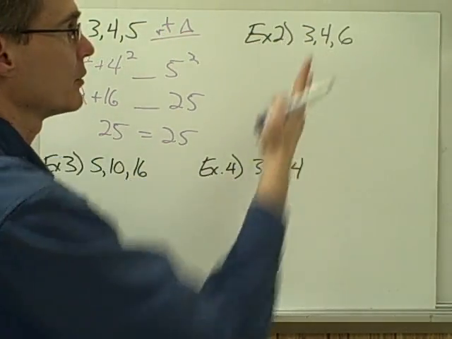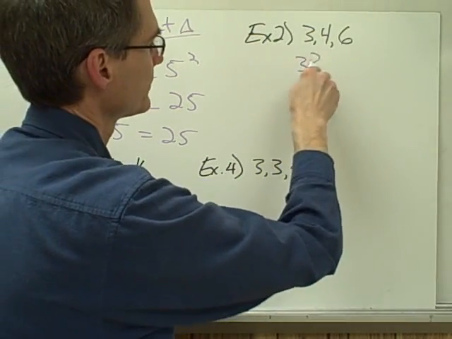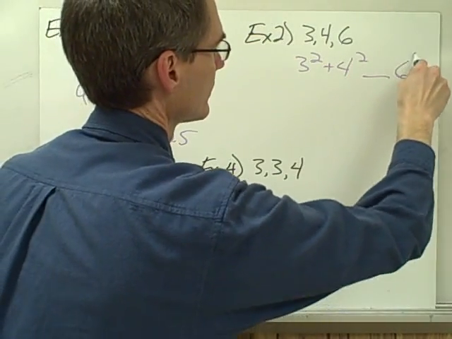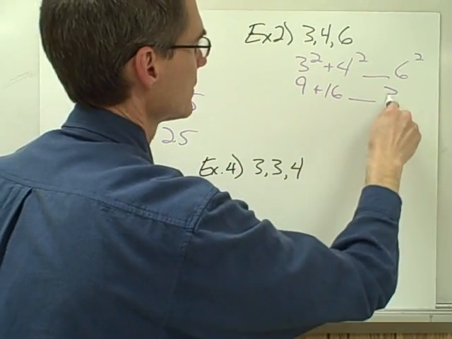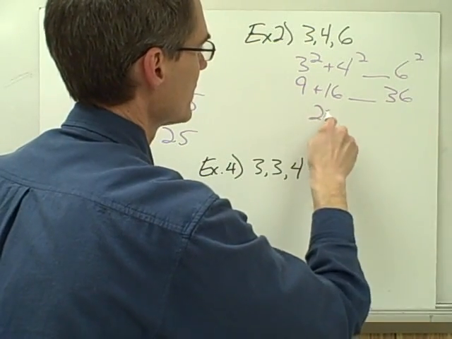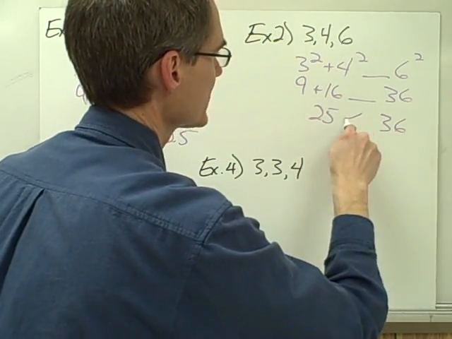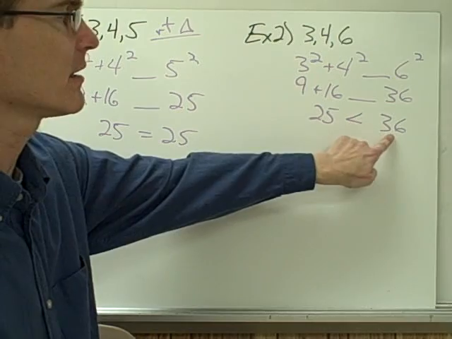For this one, however, remember we had 3 squared plus 4 squared and 6 squared. So this was 9 plus 16 and 36. This was 25 and 36. Well, in this case, I had a squared plus b squared is less than 36.